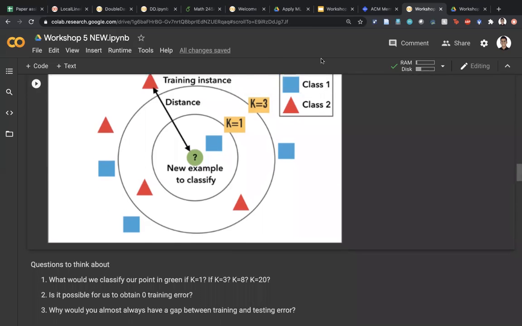So if, for example, you chose your number of nearest neighbors as the number of training samples that you have, that won't be particularly useful.